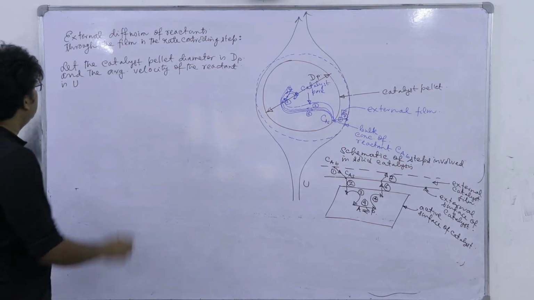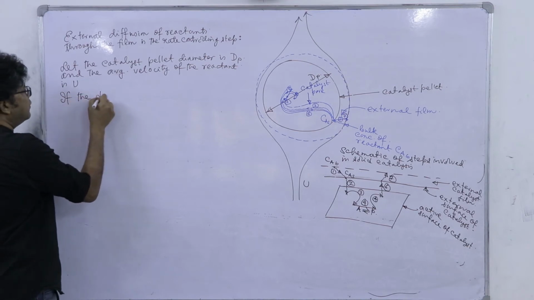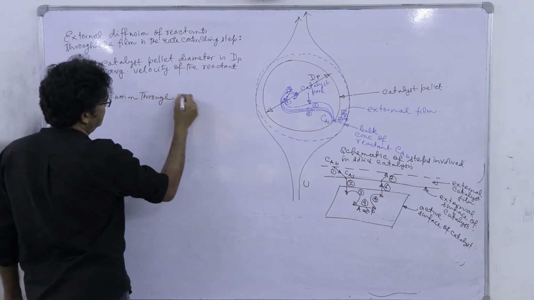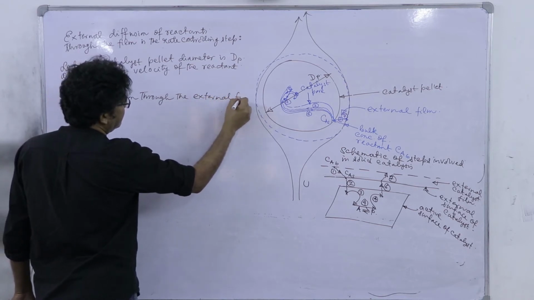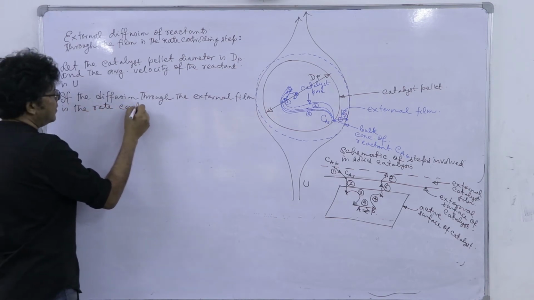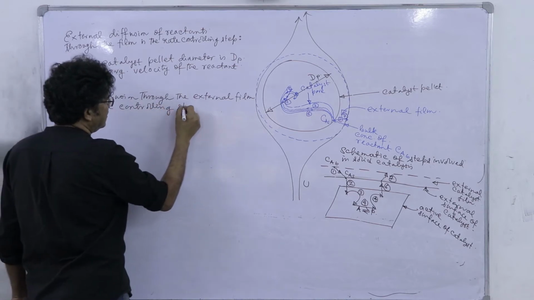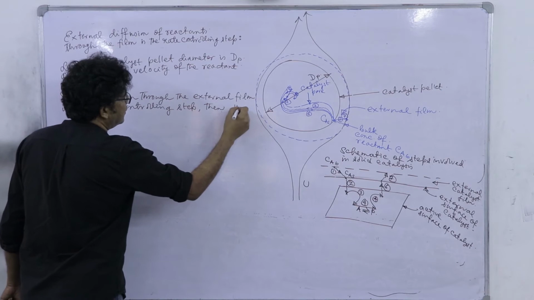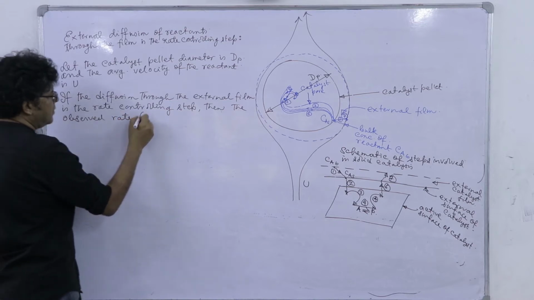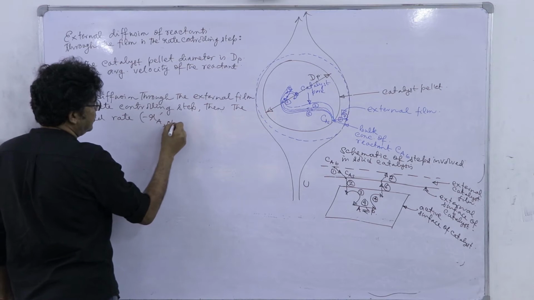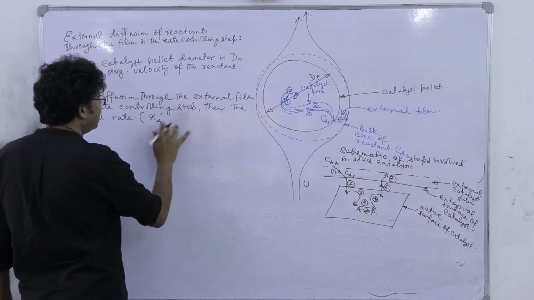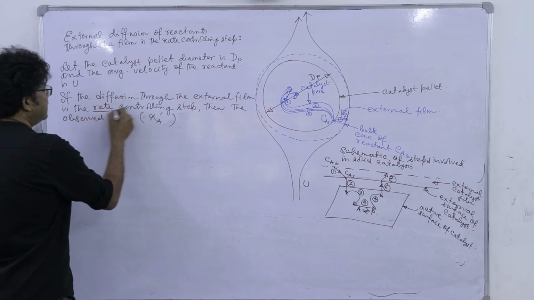Right. So, if the diffusion through the external film is a rate controlling step, then the observed rate, minus RA prime OBS, or minus RA prime, let us write minus RA prime because that is a rate controlling step, which means the slowest step.